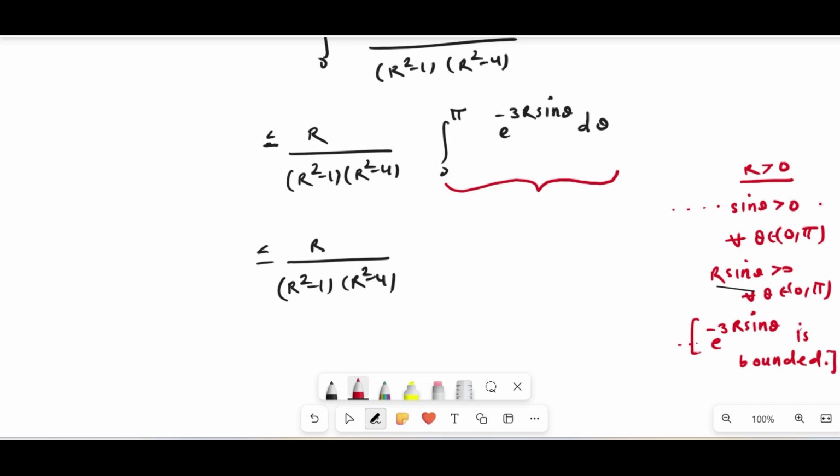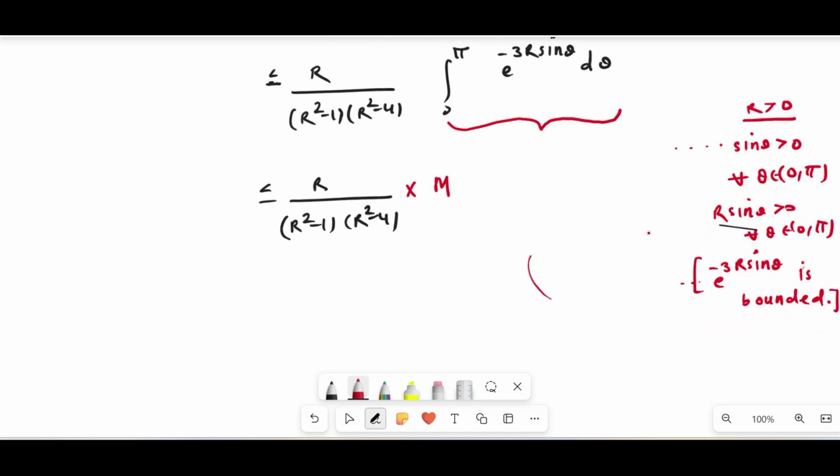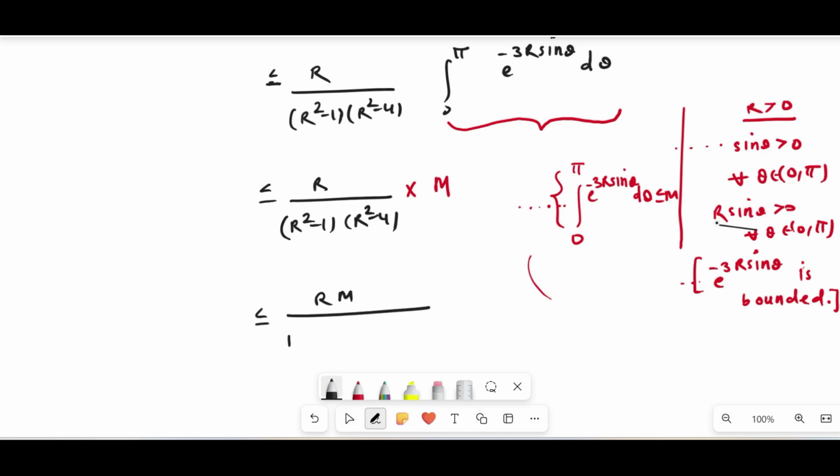So we can write that the value of the integral 0 to pi e to the power of negative 3r sin theta d theta is less than or equal to M. Therefore the value will be bounded by r times M over (r square negative 1)(r square negative 4).